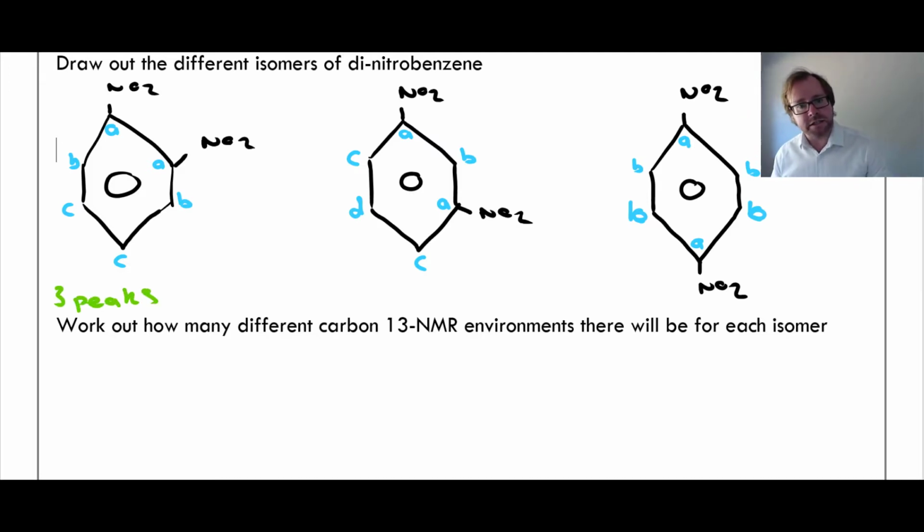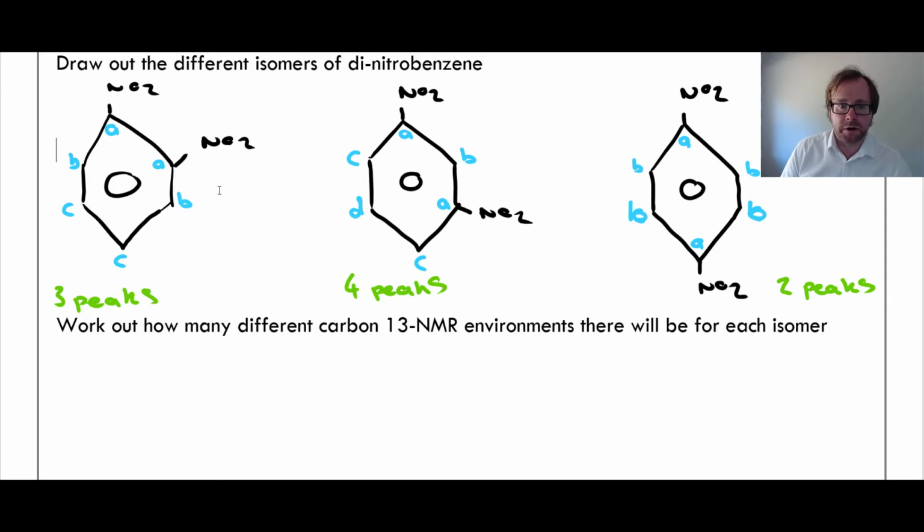And our next isomer, we'll have 1, 2, 3, 4 peaks. And our next one, we're only going to have 2 peaks, or 2 different carbon environments. Okay, it is quite tricky. You do need to just go around and try and mirror them up.